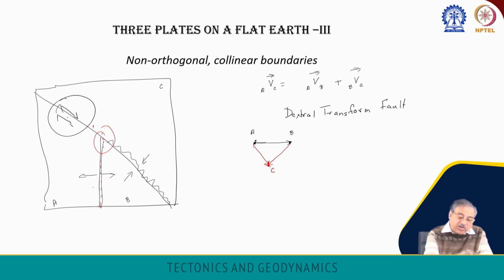Here we will try to work out the nature of the motion of this particular junction. This junction is a junction between three plates. In the next lecture, we'll talk about how the junction between three plates evolves in a mobile three-plate system on a flat earth. So we will talk about triple junctions.